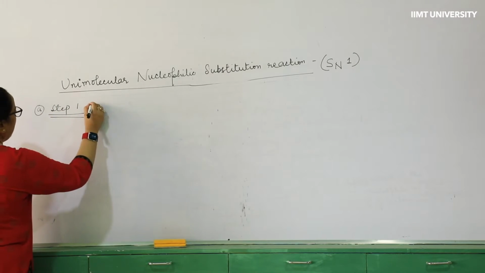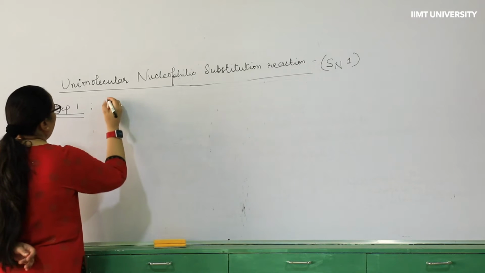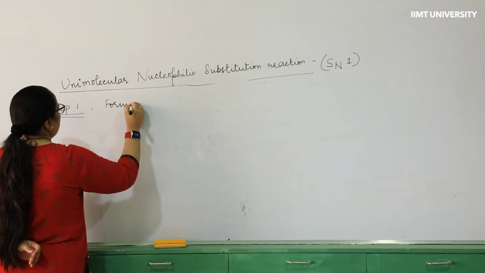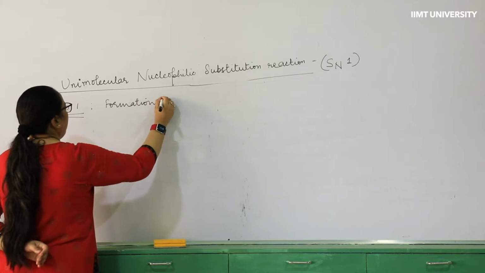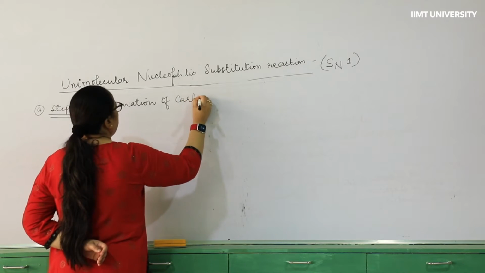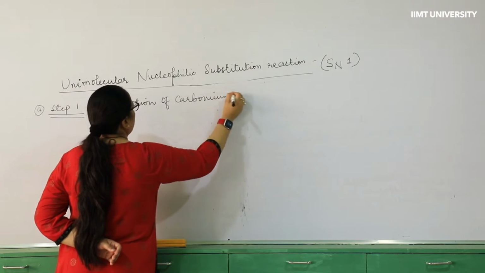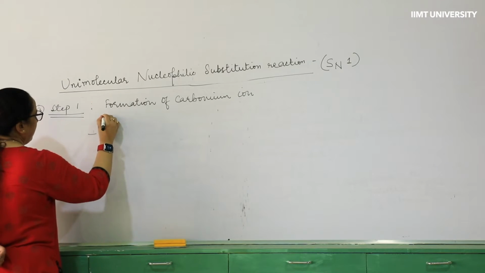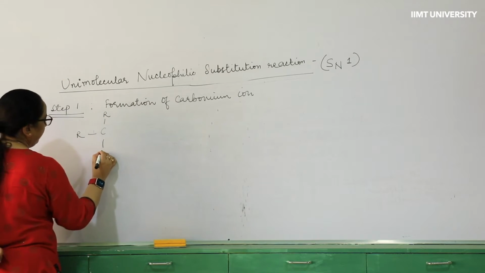And this step 1 is the formation of carbonium ion. So let us take this example of the tertiary alkyl halide.